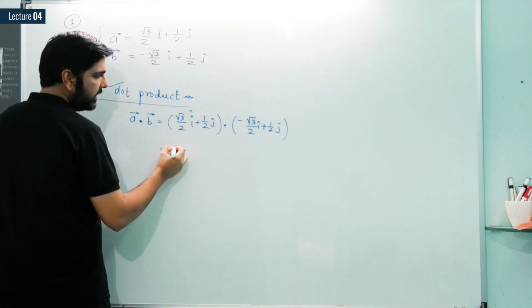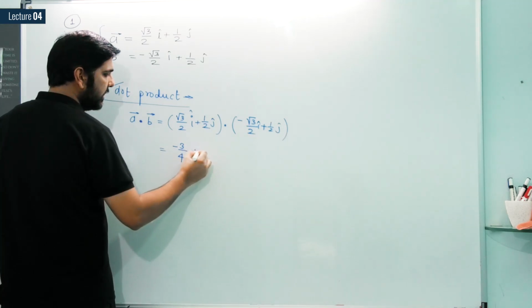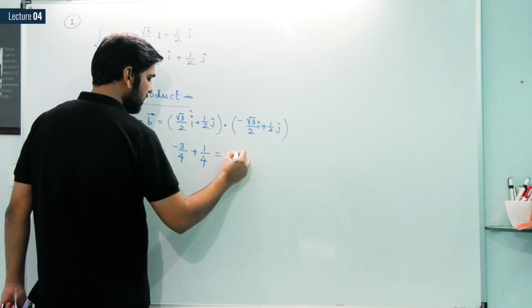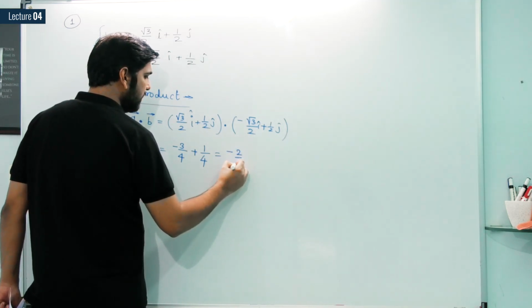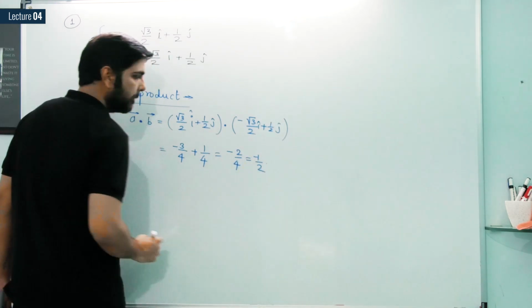So what I have is minus 3 by 4 and plus 1 by 4. Minus 3 plus 1 is minus 2 by 4, so it is 1 by 2 with minus sign.